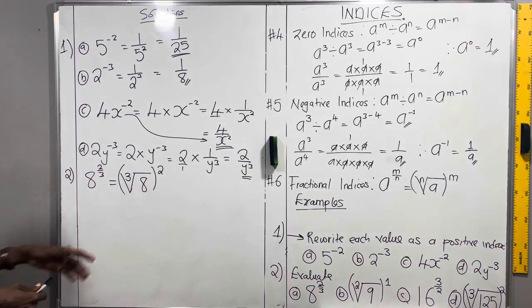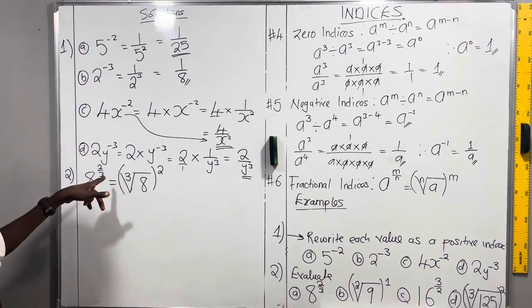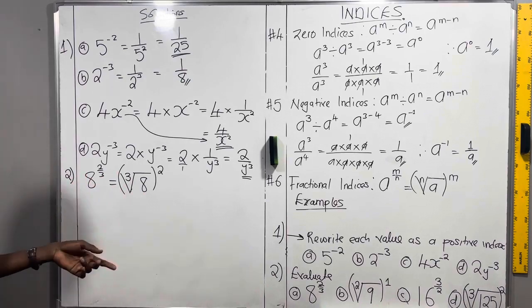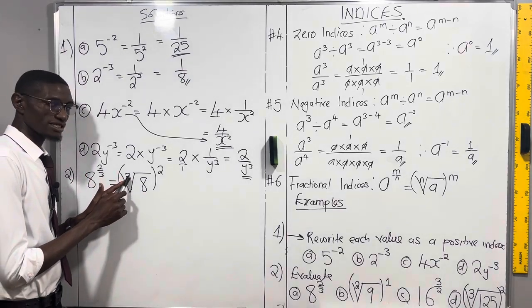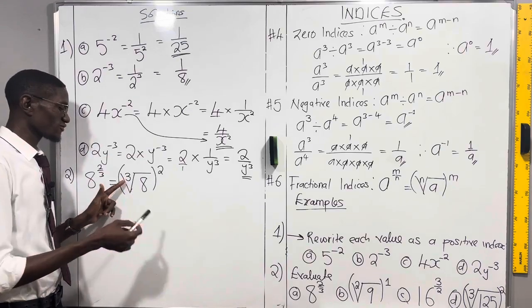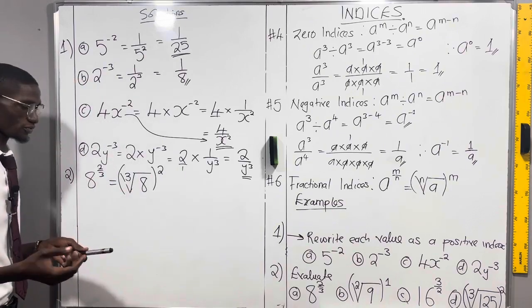So now, how do you simplify this? Okay, how do you evaluate this? In other words, all we are asking for is the cube root of 8. In a simplified version, you're looking for a number which you can multiply by itself 3 times to give you 8. That number is 2, okay?